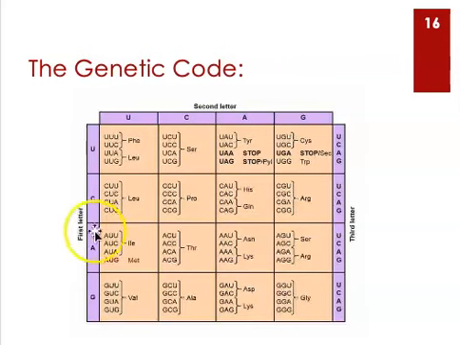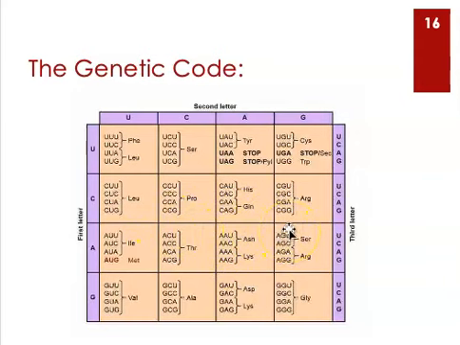And you can see in the table that next to groups of codons, there's a 3-letter abbreviation that stands for a particular amino acid. So for example, the codons AAU and AAC both code for an amino acid called asparagine.